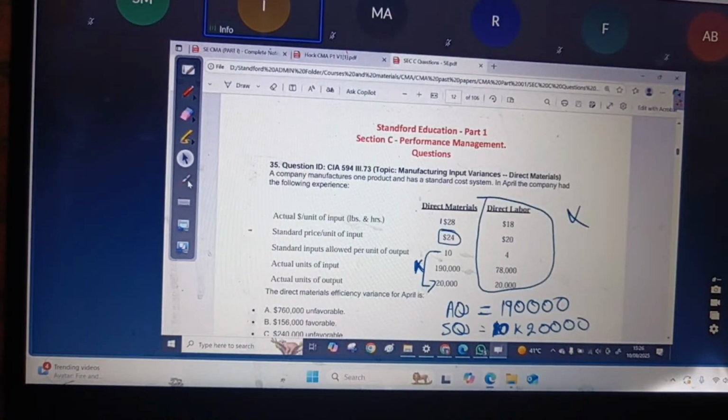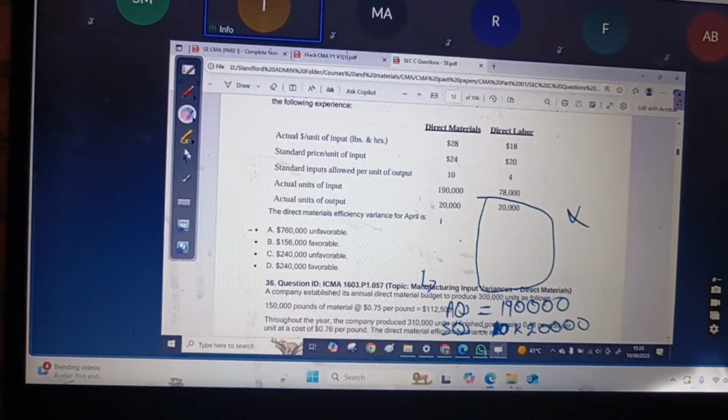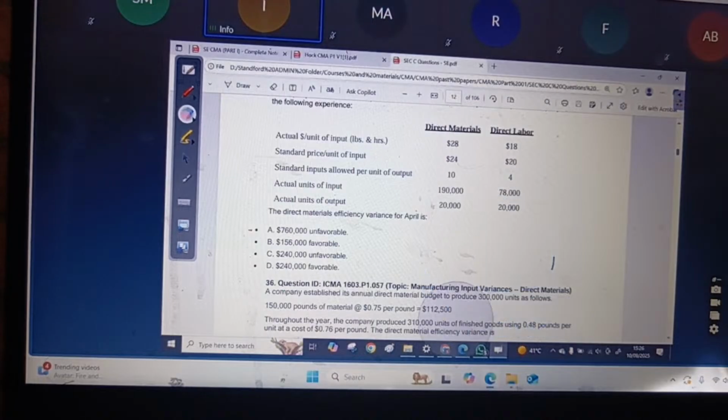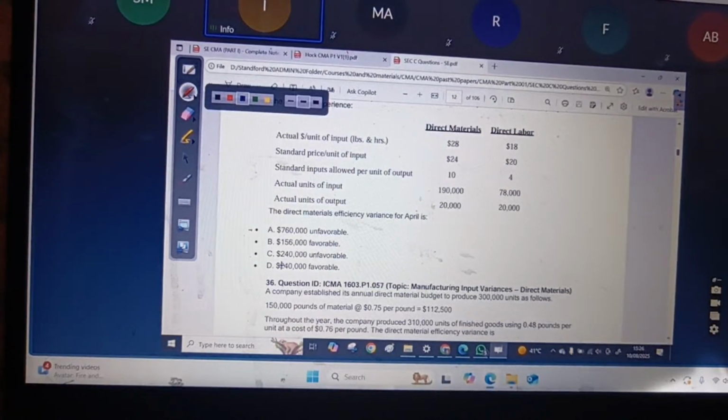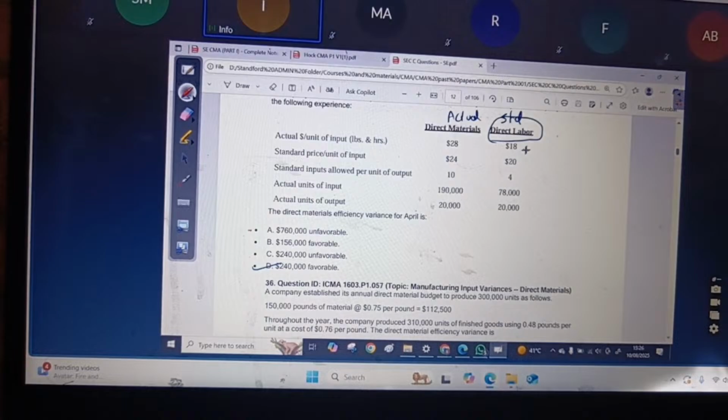It is actually 2,40,000. See, they are given purposely to confuse you. C or D? It's D. D is the answer. I didn't see this actually. I thought this was actual and this was standard. I came to an assumption like that, but this is not even required for this question.